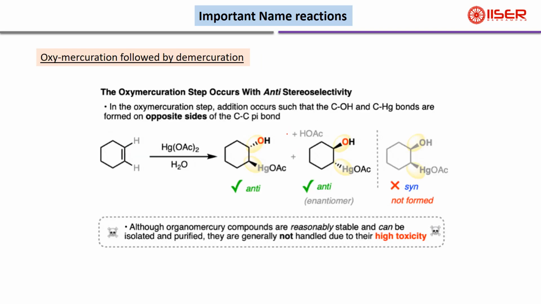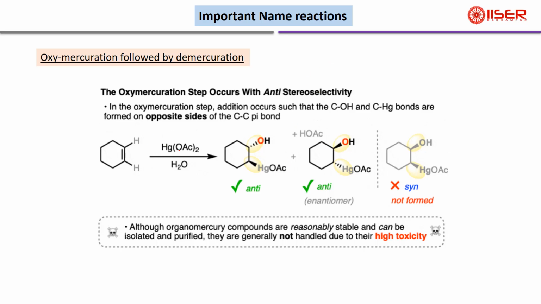Next is oxymercuration and demercuration. So this is also a procedure for hydroxylation of a double bond.